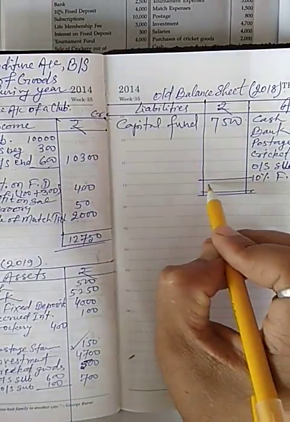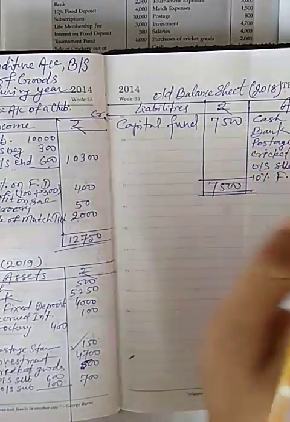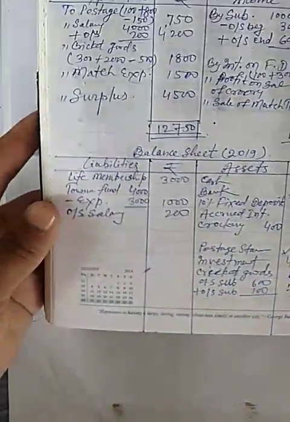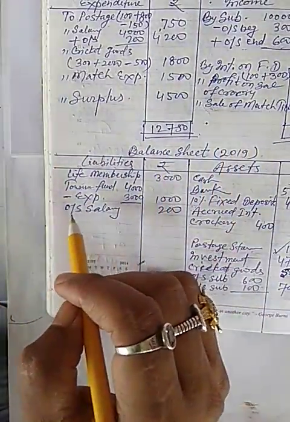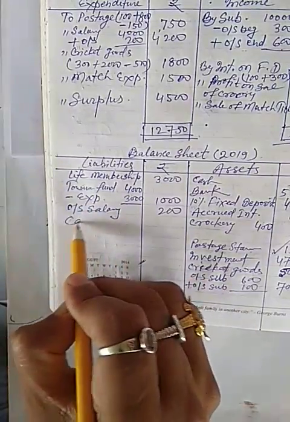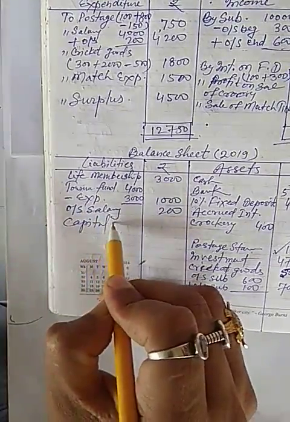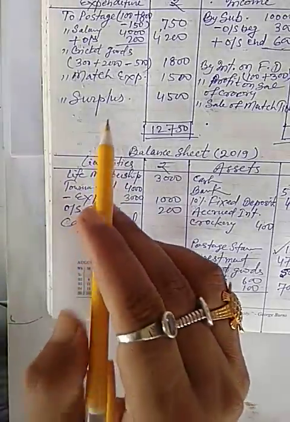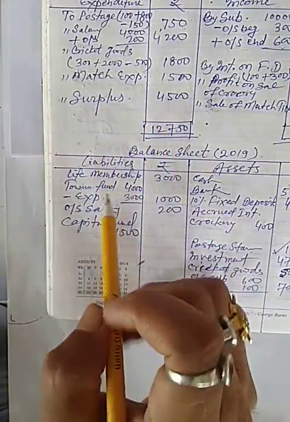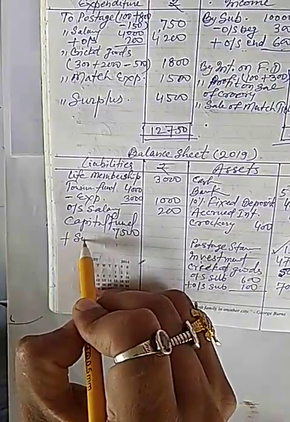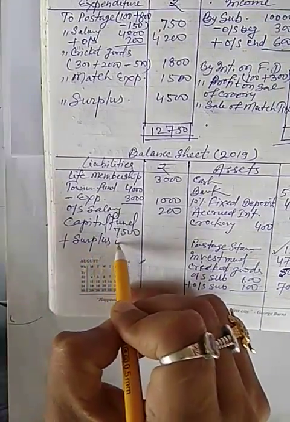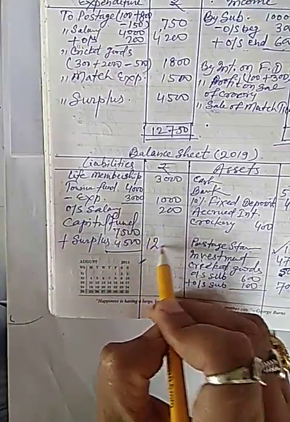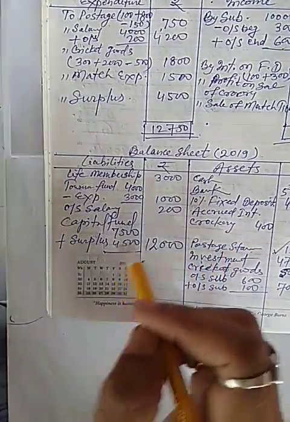I will write it. Now capital fund will transfer into the current year balance sheet. So capital fund 7,500 is given, and I will also add surplus 4,500. Now total will be 12,000.